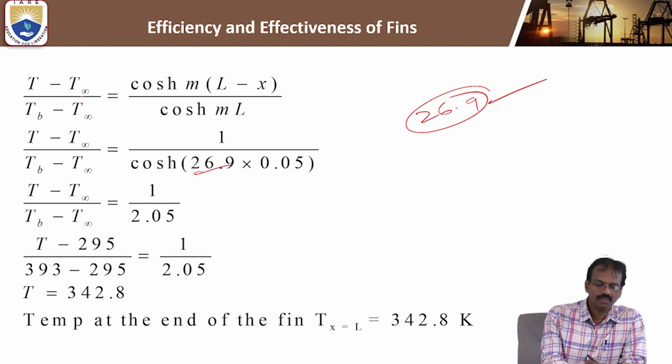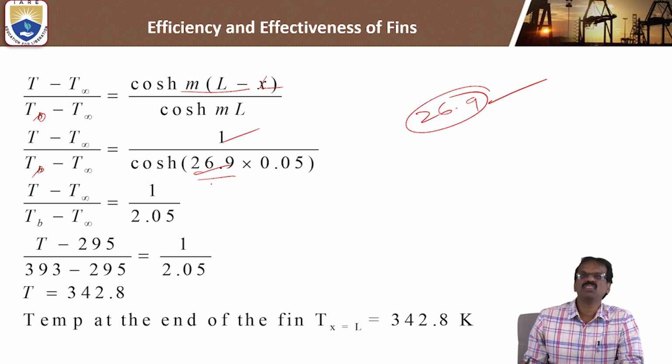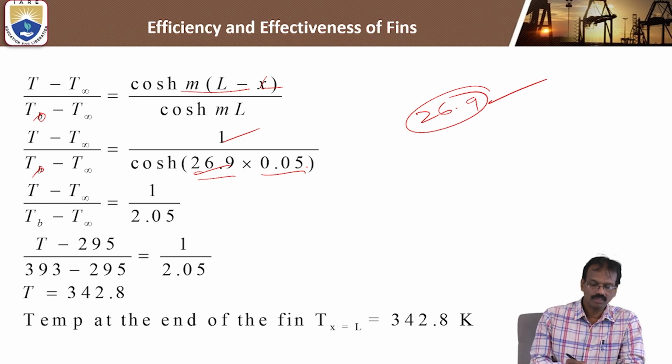So in this formula, T minus T infinity by T naught minus T infinity is equal to cosh m into L minus x. So we already derived this one. Here cosh m into L, the m value 26.9 into L value. So the cosh of this value is 1 by 2.05.